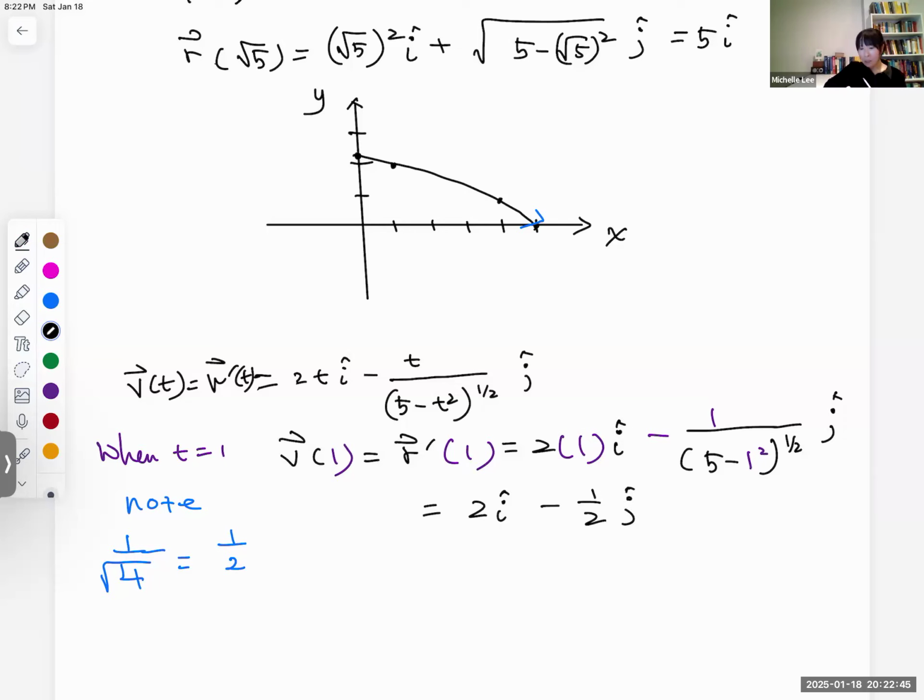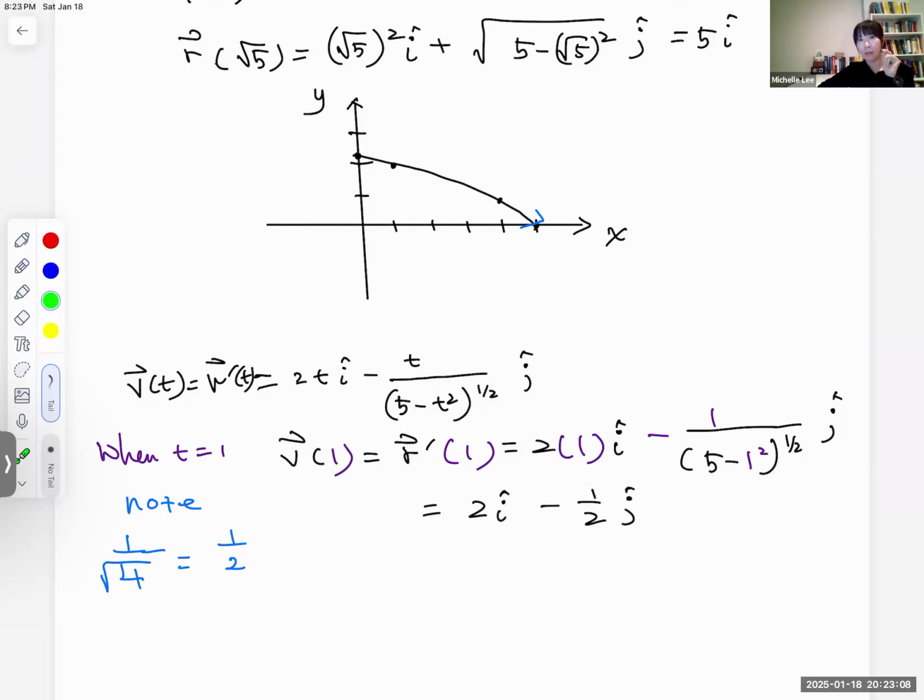Okay, so let's draw, sketch. So 2i. Oh, hold on one second. I'm not doing the original one.